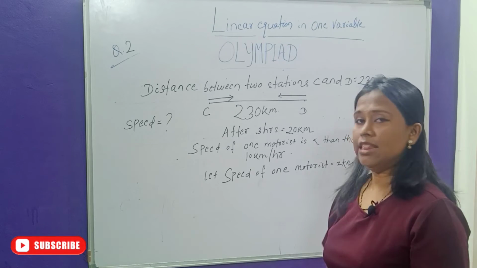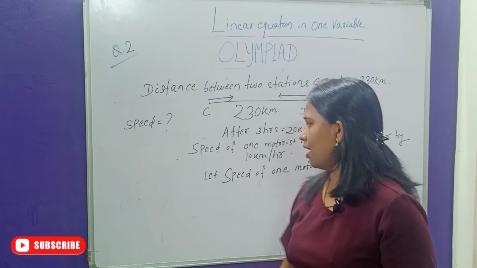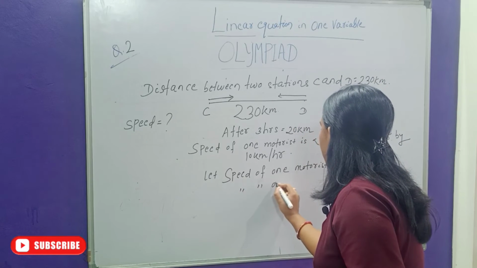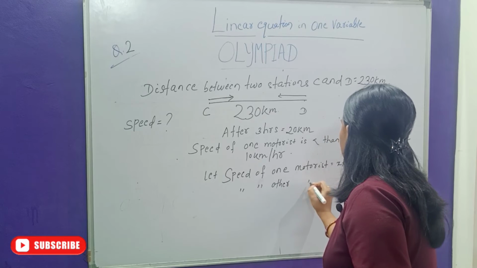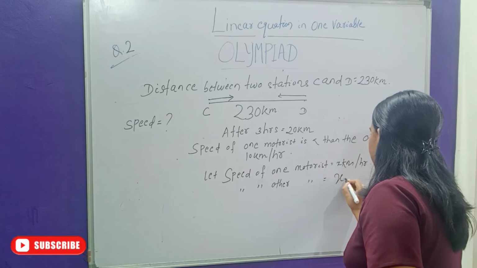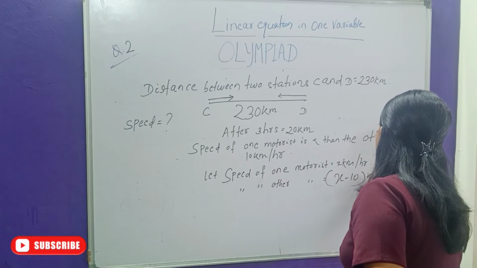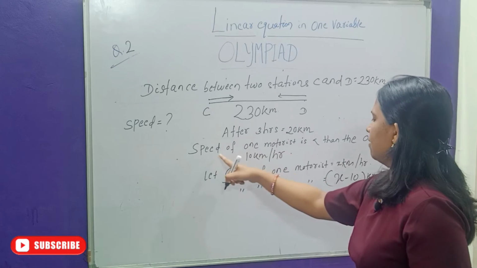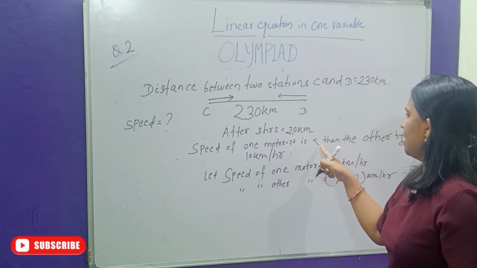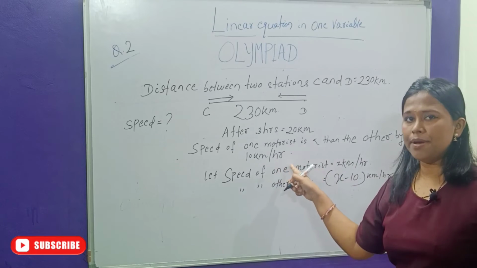Then the speed of the other motorist must be x minus 10 kilometers per hour, because one speed is less than the other by 10 kilometers per hour.